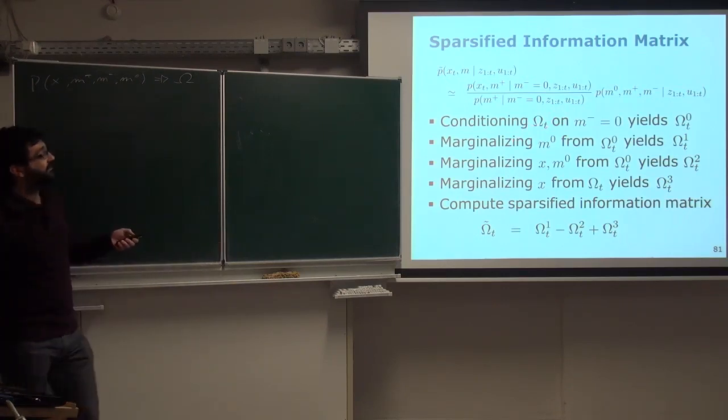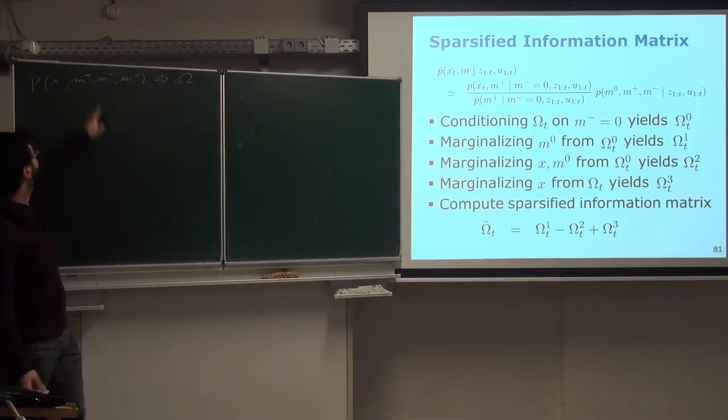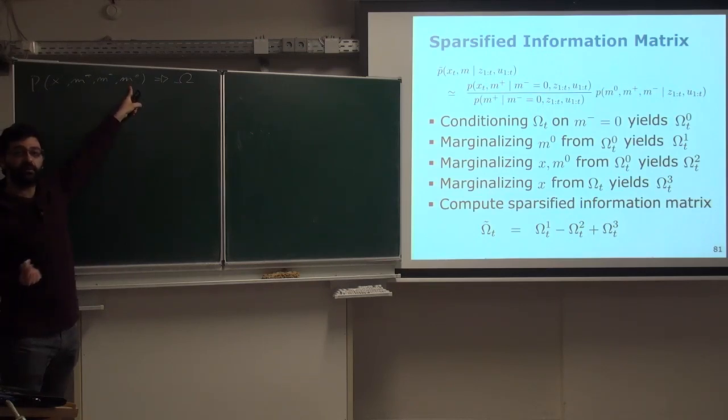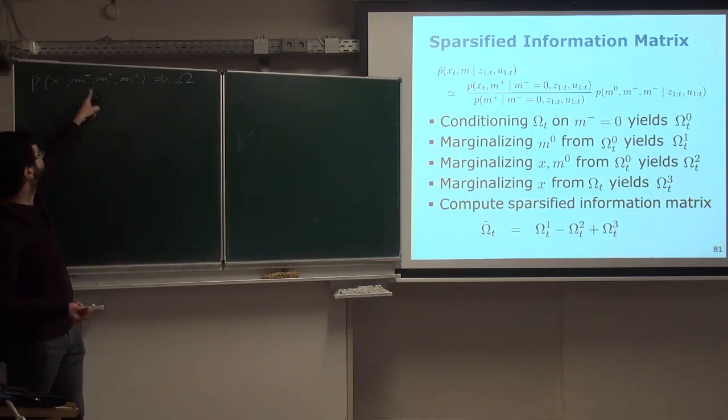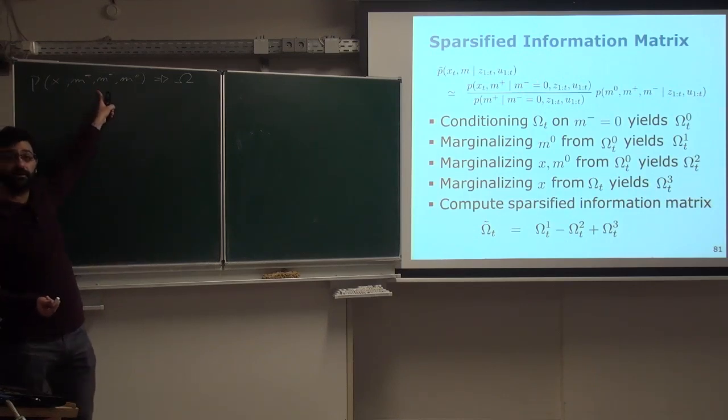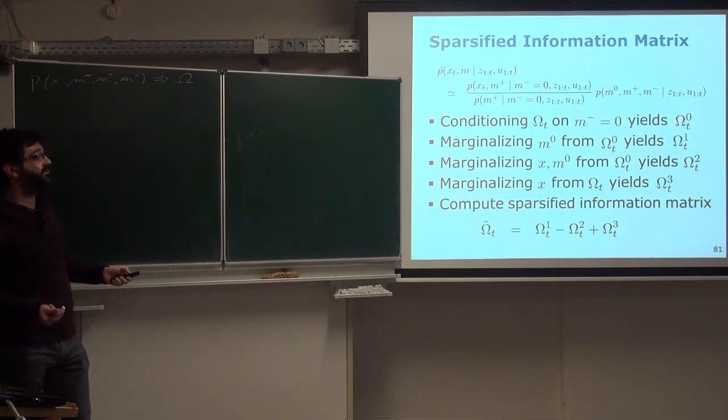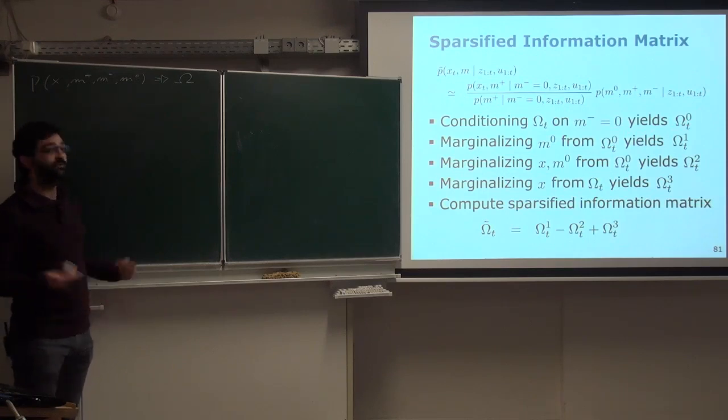Now, if we want to get the upper part, we just need to do two steps. First, we need to get rid of m0, because it doesn't appear there. And getting rid of a variable in probabilistic terms means we have to marginalize this distribution with respect to this variable. And then we have to move m minus to the right side, so we need to condition this distribution on m minus, okay? Because it's used in two different steps, we do the conditioning first.